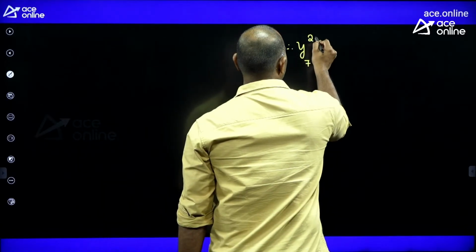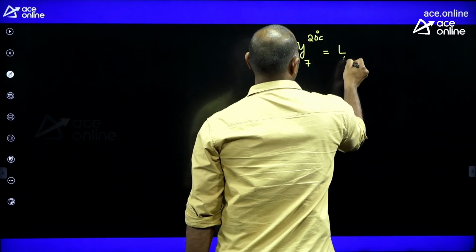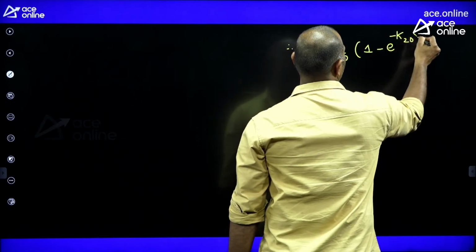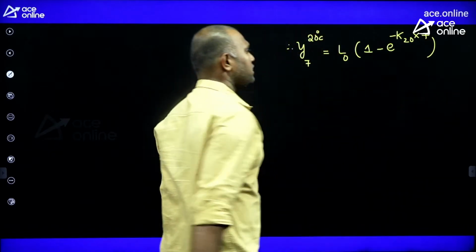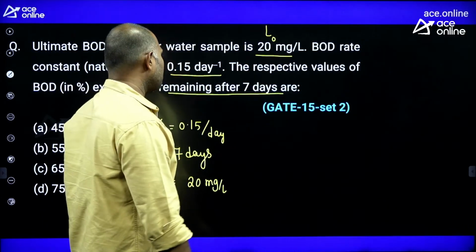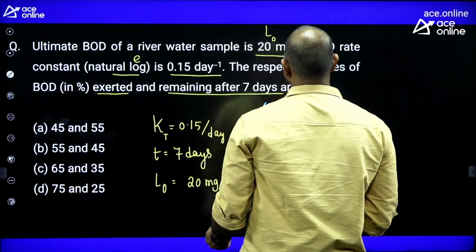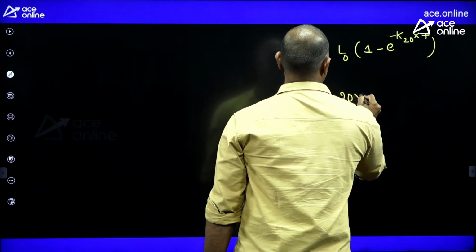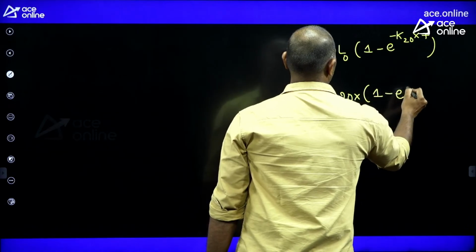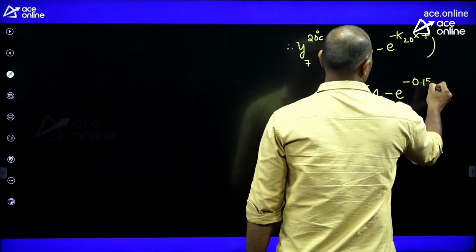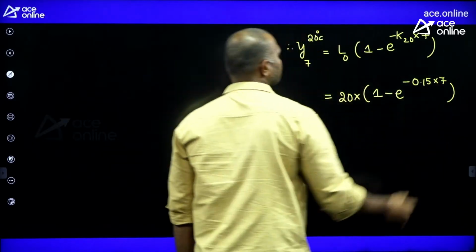So standard is nothing but 20 degrees centigrade. This is going to be L0 into 1 minus e to the power of minus K20 into how many days? 7 days. So L0 given is 20 mg per liter into 1 minus e to the power of minus 0.15 into 7 days.